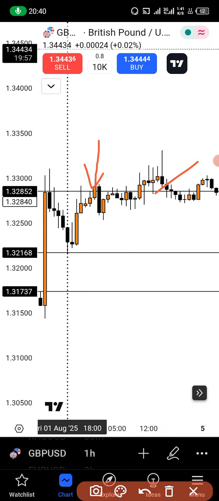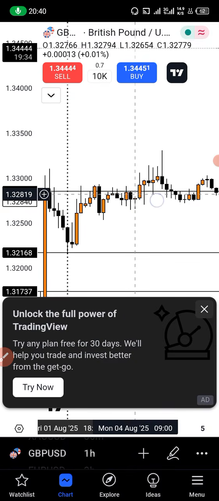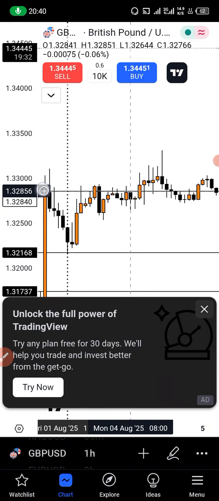Okay, closed above it, and you see it came down to retest it over here. Now, where would you have placed your stop loss? Like for a rough entry, I will call it a rough entry. Let's say you entered here.